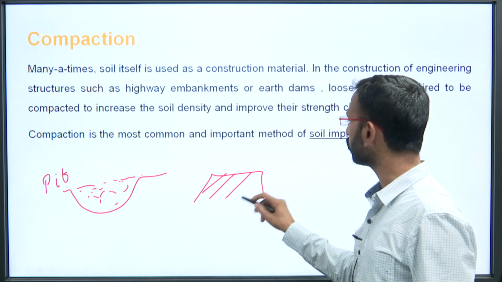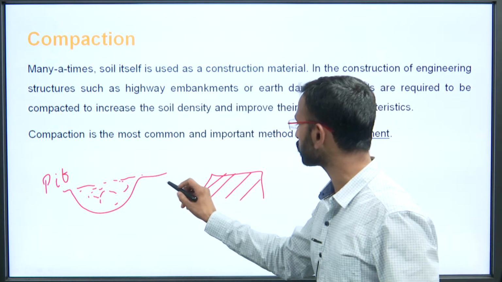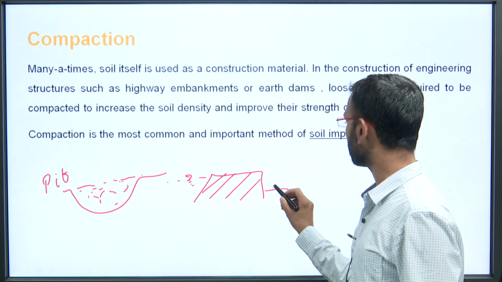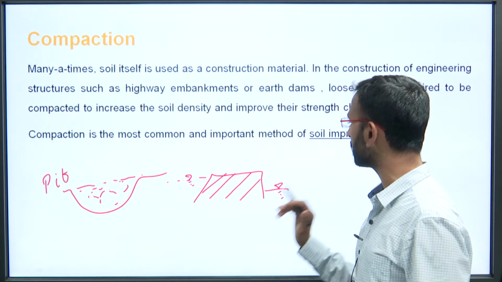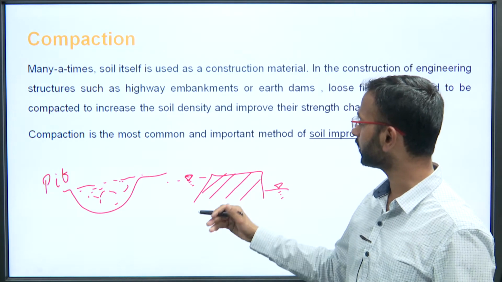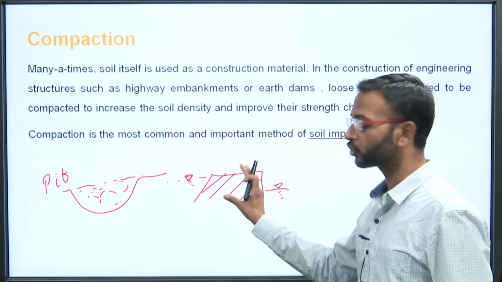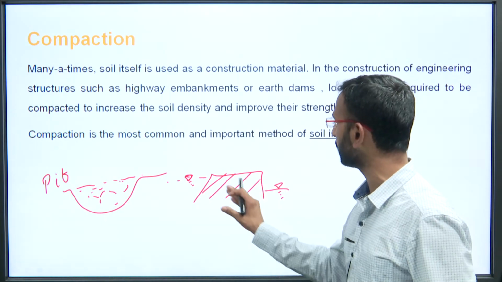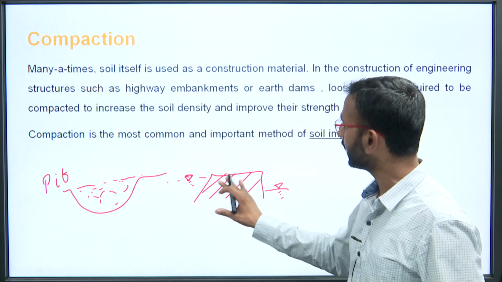Now, when you want to construct this embankment where the water is to be stored here, and let us say water is also at the downstream face also. So, when this is the case, this embankment should be very strong. If the soil itself is used as an embankment material, it has to be properly compacted.